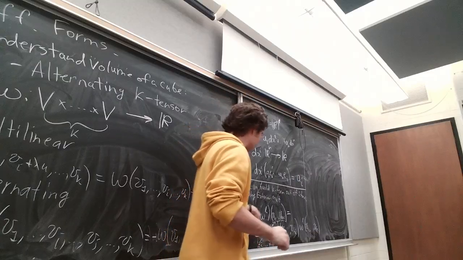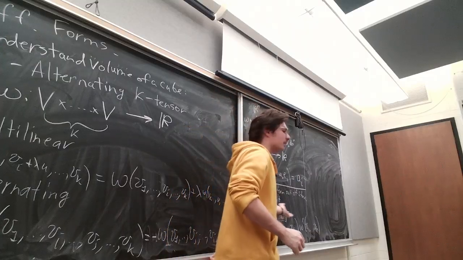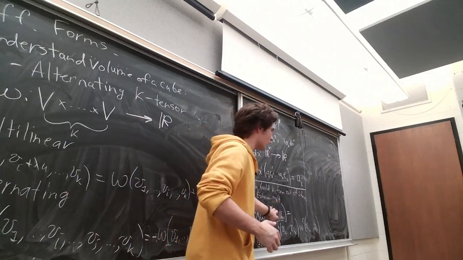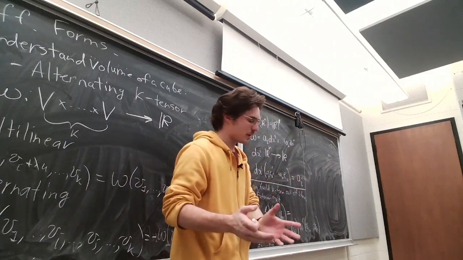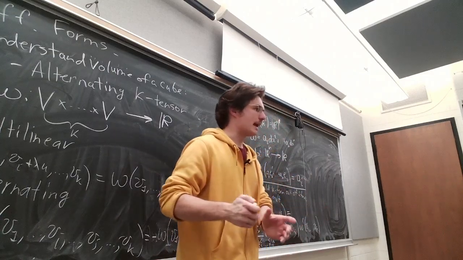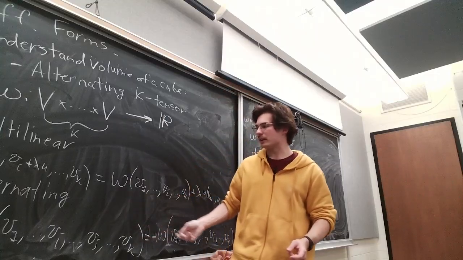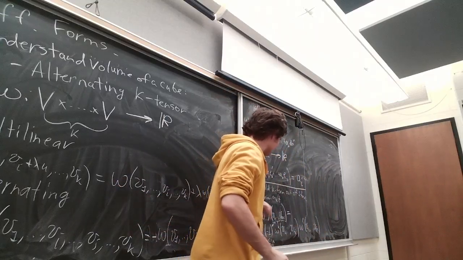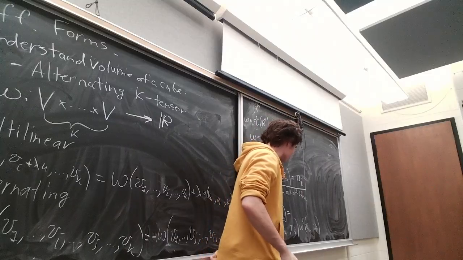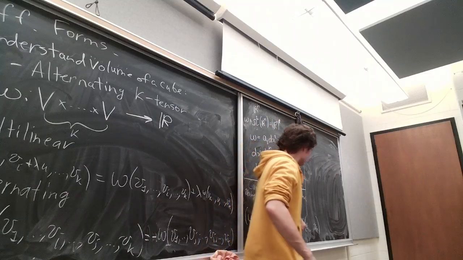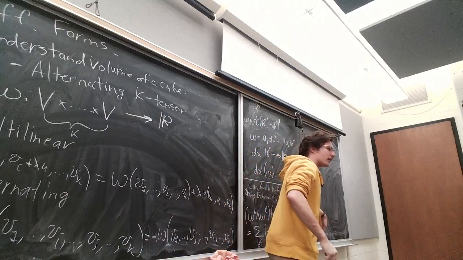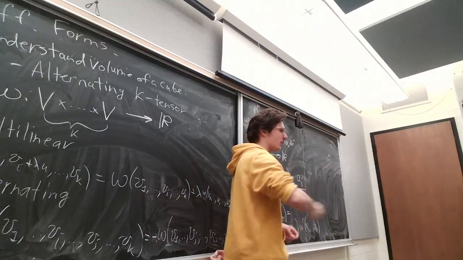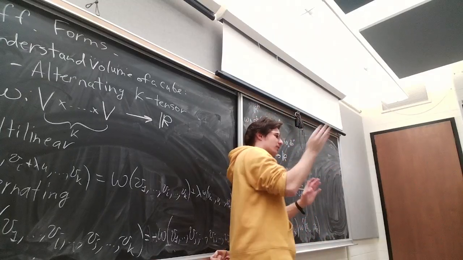So I have these two forms, and I have k plus l vectors, and I want to do something to these two forms to get a new form which takes in k plus l vectors and is still multilinear and anti-symmetric. So how I do that is I take this form, plug in some vectors into it, take the next form, plug in the leftover vectors into it, multiply it by some sign, and add up over all of these possible ways to rearrange the vectors.